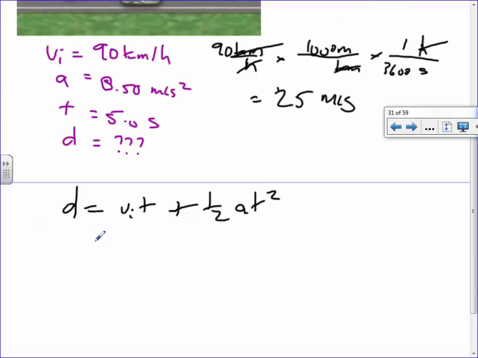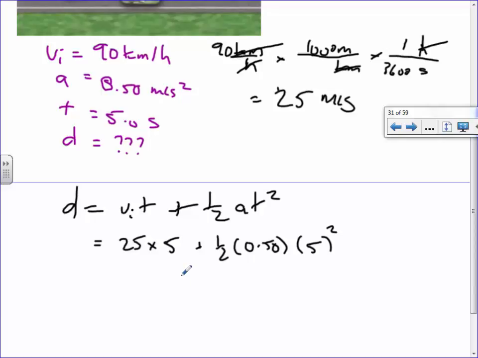Anyways, we have what we need now to get started. So let's plug this in here. Your velocity initial is 25 meters per second. Your time is 5 seconds. Your acceleration was 0.50 meters per second squared. And then your time was 5, then you have to square that. Does that make sense?